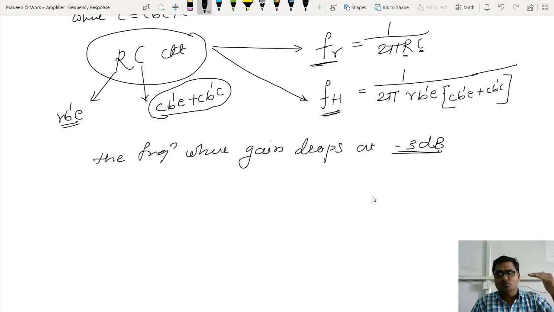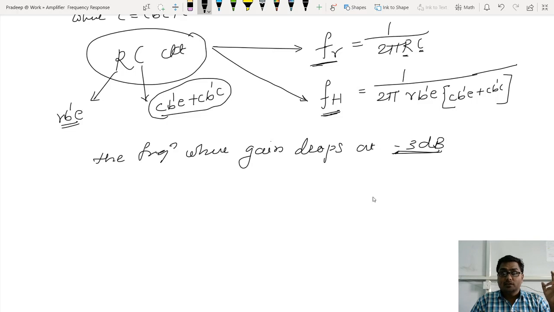Then when it falls to minus 3 dB, the frequency at that level we consider the cutoff frequency. For the amplifier, the frequency at which gain drops to minus 3 dB is my cutoff frequency. Maybe it is higher cutoff frequency or lower cutoff frequency.